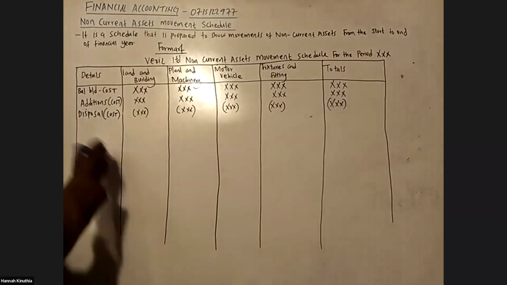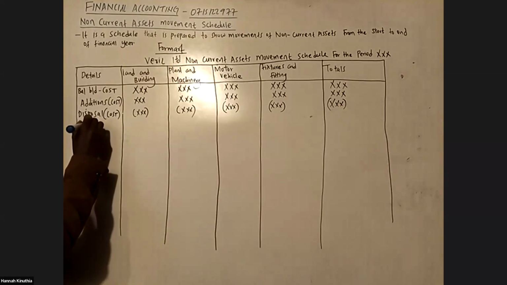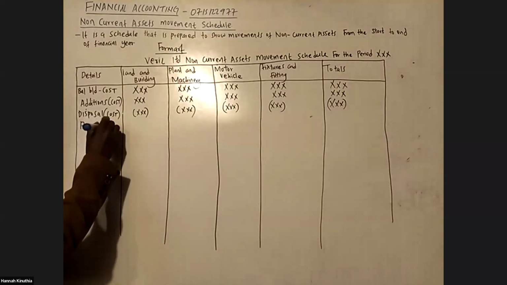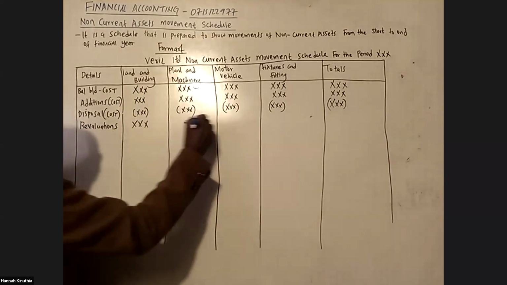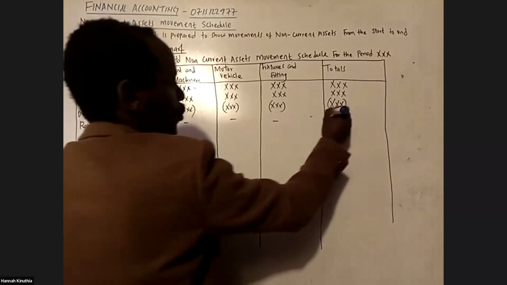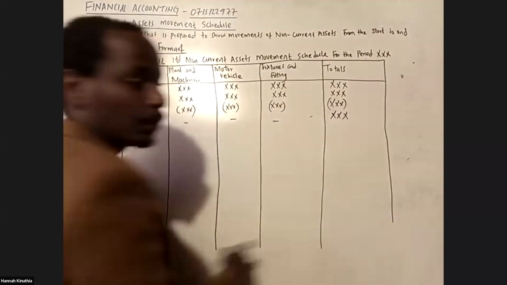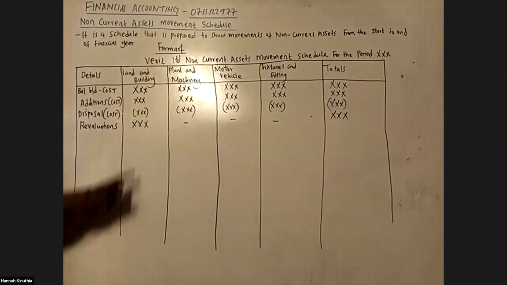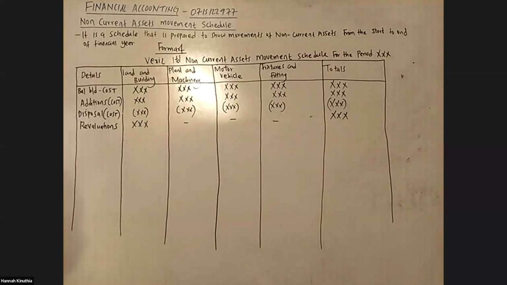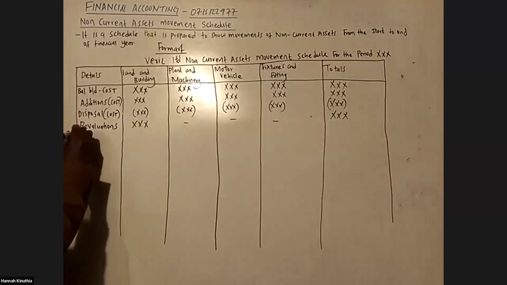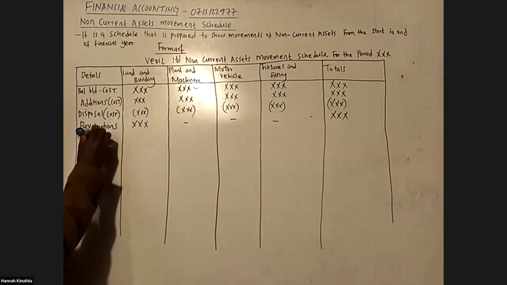Now, revaluations, if there was any revaluation, and mostly the revaluation is on land only. So we have revaluation on land. The rest they depreciate, so the rest of the items they do not revalue. We have reclassification. You can also have reclassification.